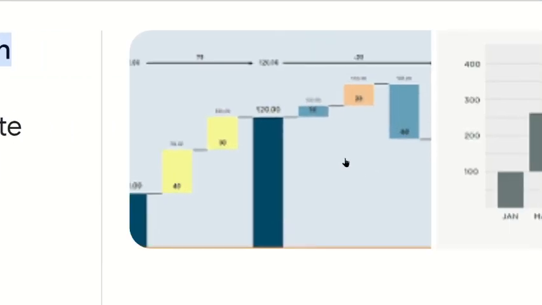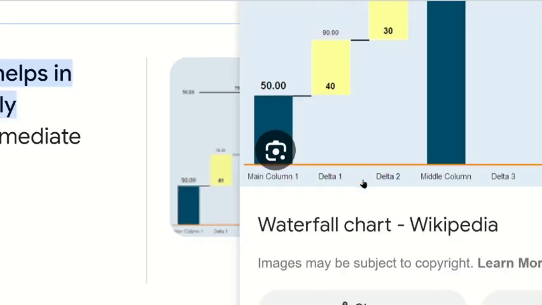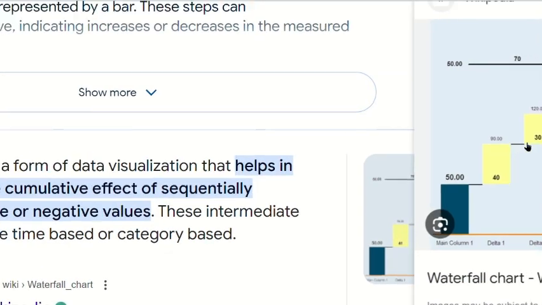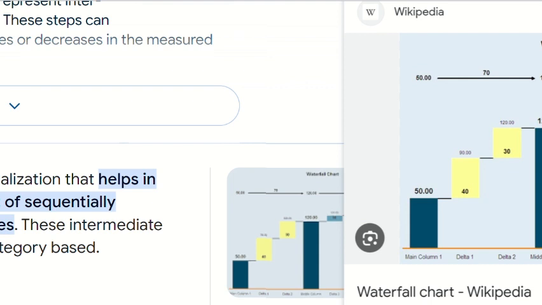You look here, see this. Okay, so it's like a stock market graph. You can try this in Matplotlib after that.